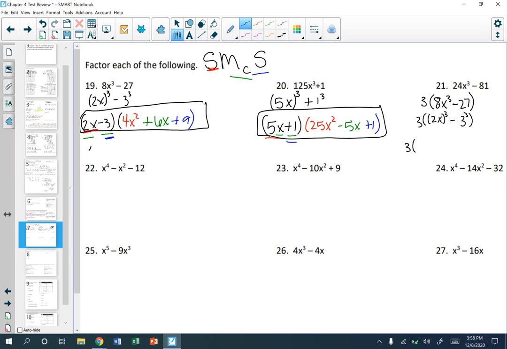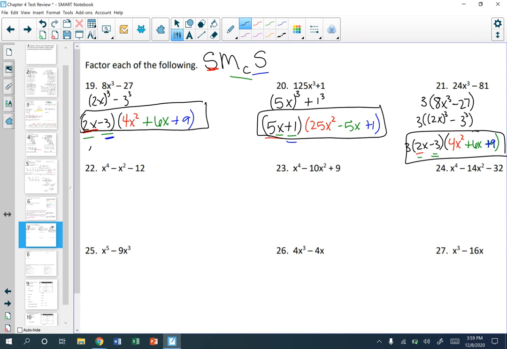Don't forget to bring our 3 down on each step. So I have 2x minus 3 here. And then I need to, again, square that first term, 4x squared, multiply, and change the sign. So I get negative 6x, but that turns into a plus 6x. And then square that second term, plus 9. All right, and that is my final answer there.